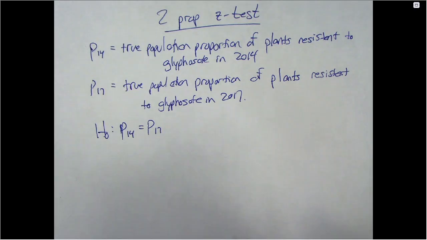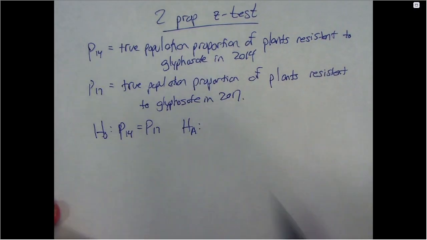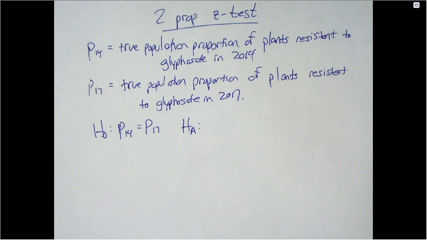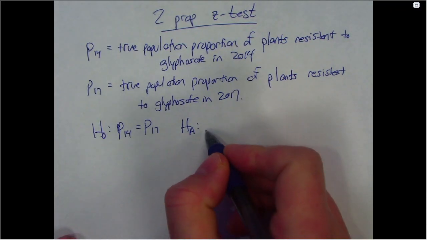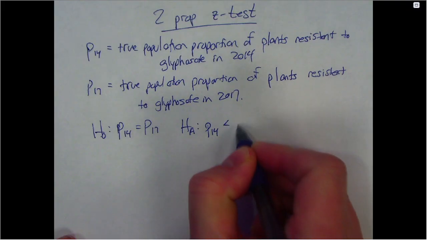And then HA. They want to know if there's been an increase. So if there's been an increase, which one is bigger, 17 or 14? 17 is bigger. So you would say P14 is less than P17.